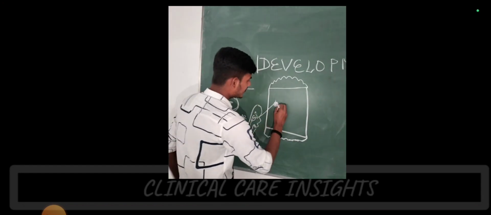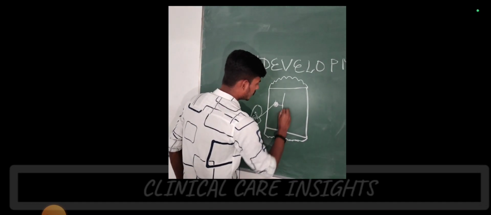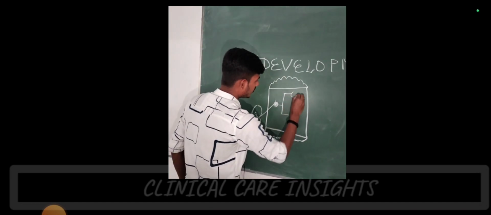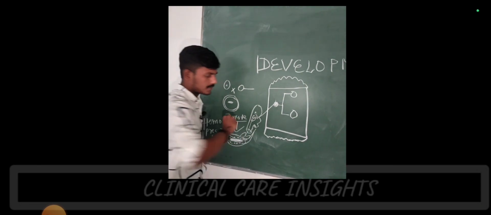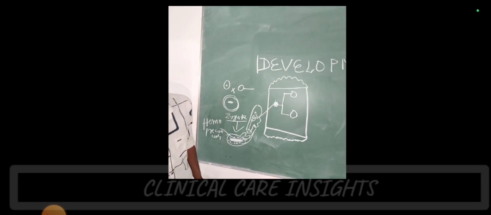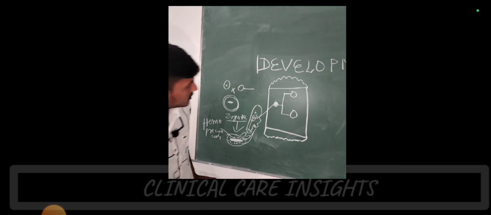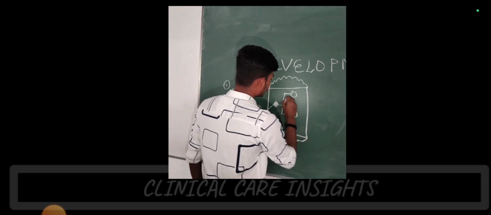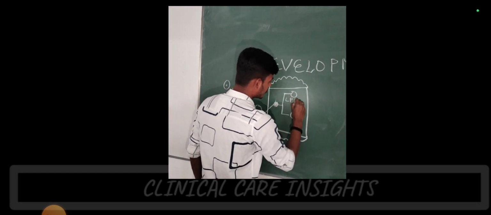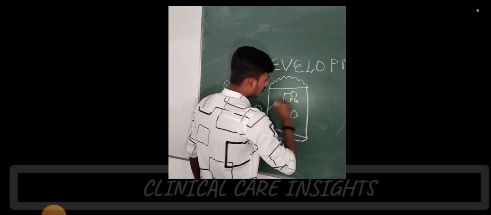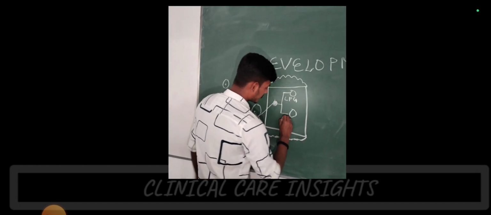So these stem cells divide into two types. The first type is called the lymphoid progenitor cell, and another one is called the myeloid progenitor cell.